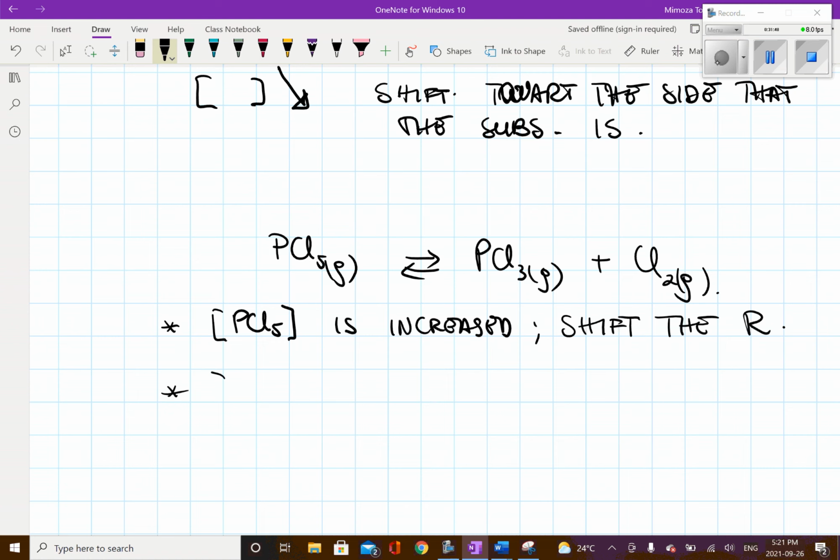Okay, if the concentration of PCl5 is decreased, then it will be shifted to the left.